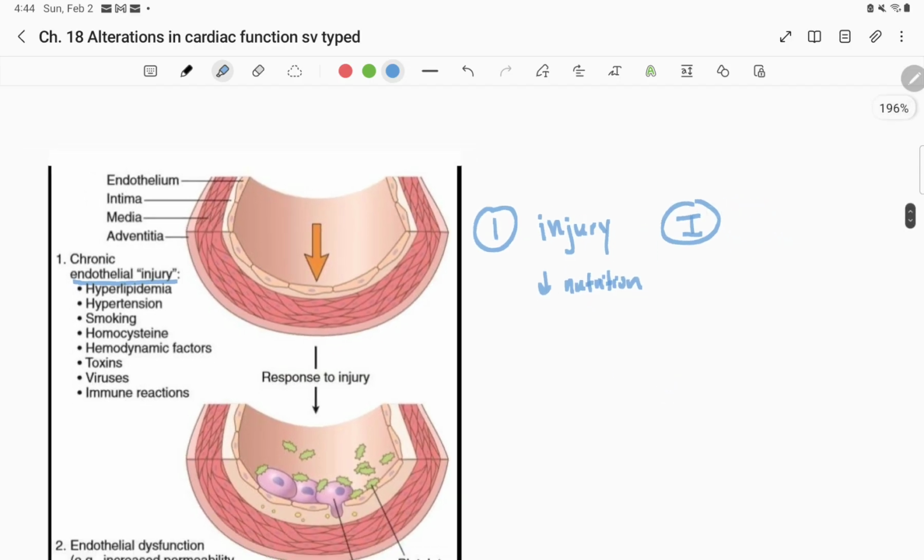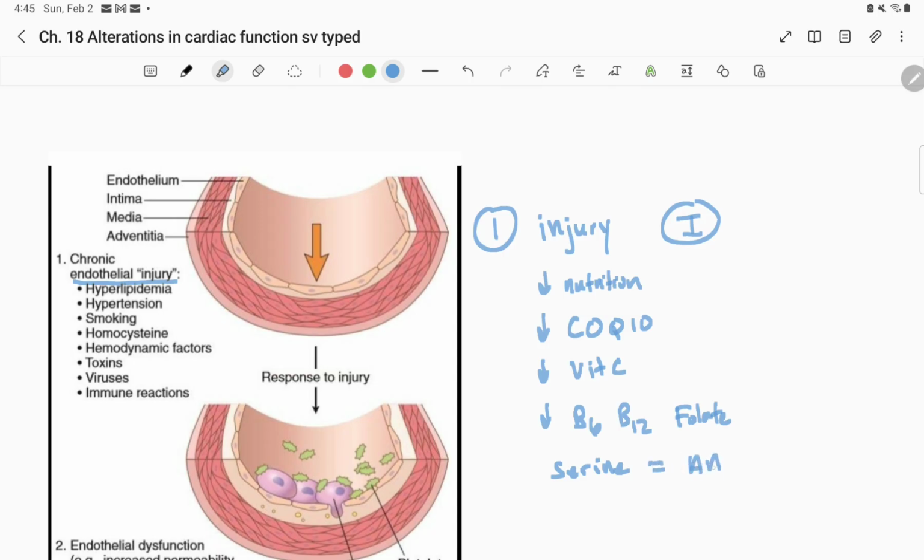Okay, decreased nutrition would include low levels of CoQ10, low vitamin C, deficiencies or low in B6, B12, folate, okay, serine, which is an amino acid that is needed for protein synthesis, metabolism, neurotransmission, methylation reactions, and so on.